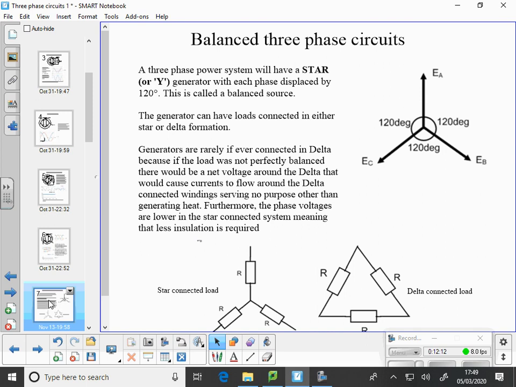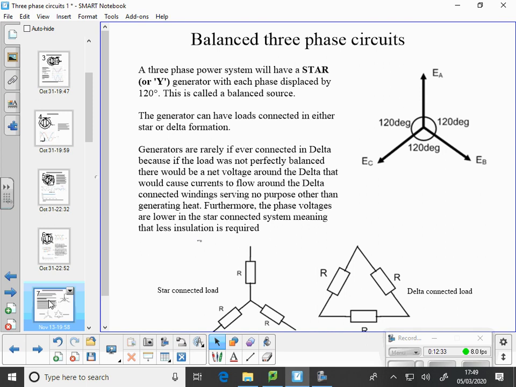A three-phase power system will have a star, or the Americans often say a Y connected. So generally in this country we talk about star, but if you look in textbooks, some of them will talk about Y. Each phase displaced by 120 degrees.